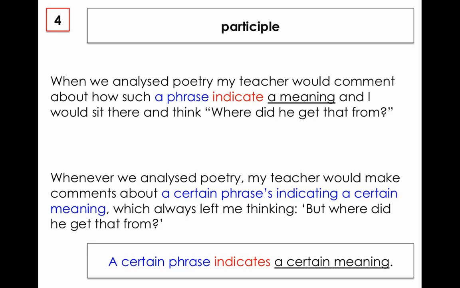Whenever we analysed poetry, my teacher would make comments about something, which always left me thinking, but where did he get that from? Now that whole phrase, a certain phrases indicating a certain meaning, that whole phrase in blue in the second sentence is taking the place of, could take the place of something, a single word, a noun or a pronoun. Now because of that, we have that apostrophe after phrase, the word phrase. Okay.